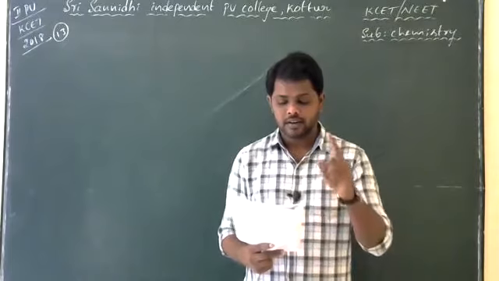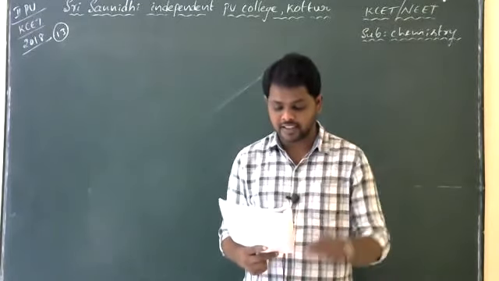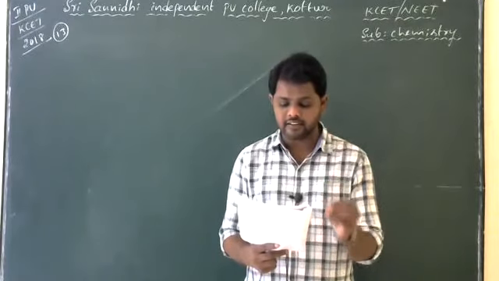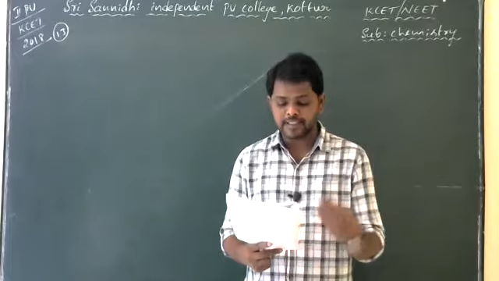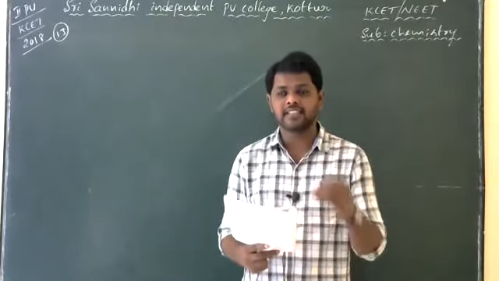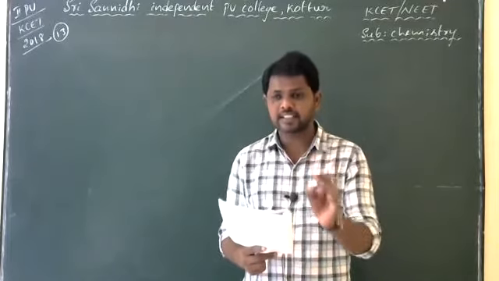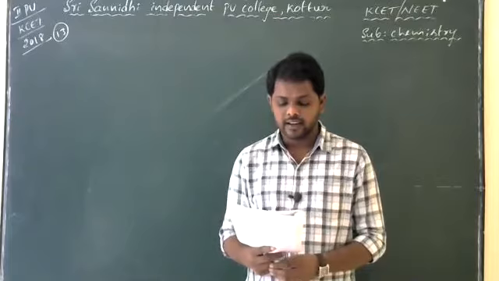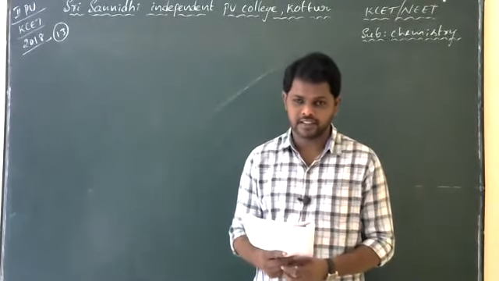Option C, depends on the concentration of reactants present in excess. Whenever the reactants, especially the solvent, are present in excess, this is a pseudo first order reaction. Actually, this is the right statement. And option D, independent of the concentration of reactant.